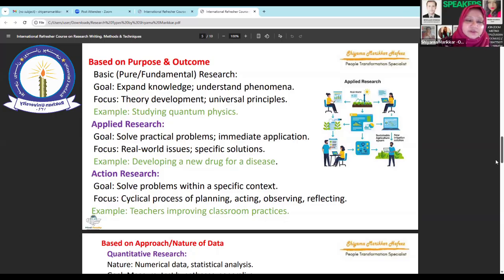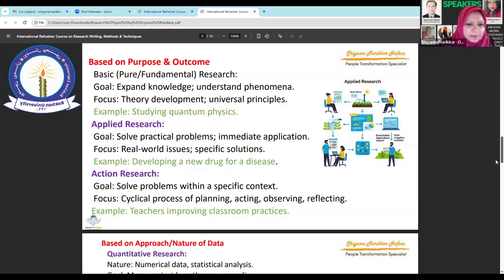COVID-19 time, it was a problem to the society, and we had to find a solution for that. It was urgent, so the scientists focused on immediate application, trying to find a solution. In this case, we call it applied research because it's a problem-solving scenario.